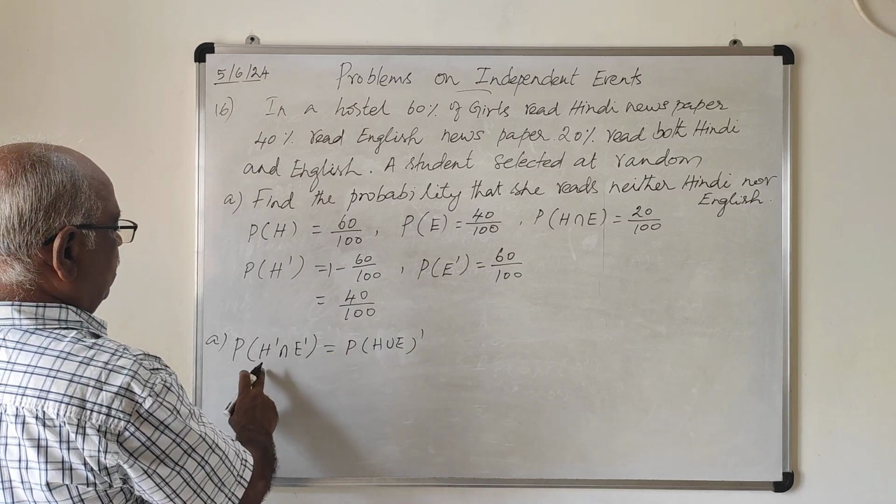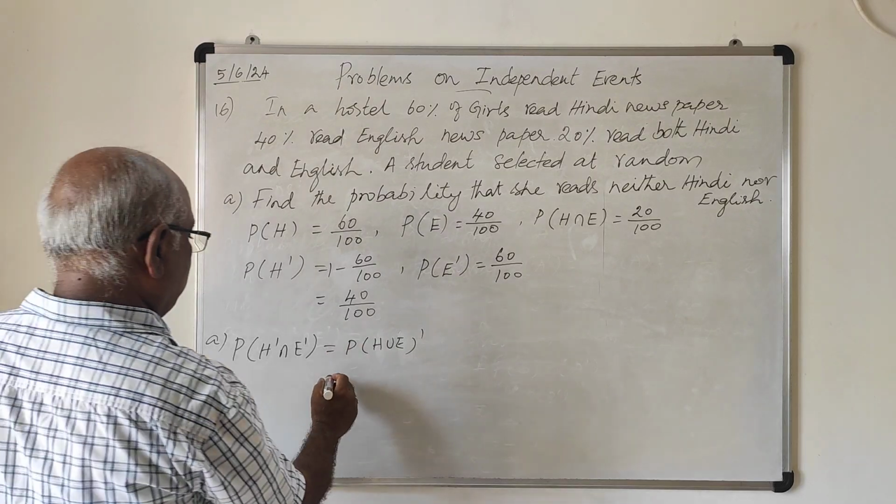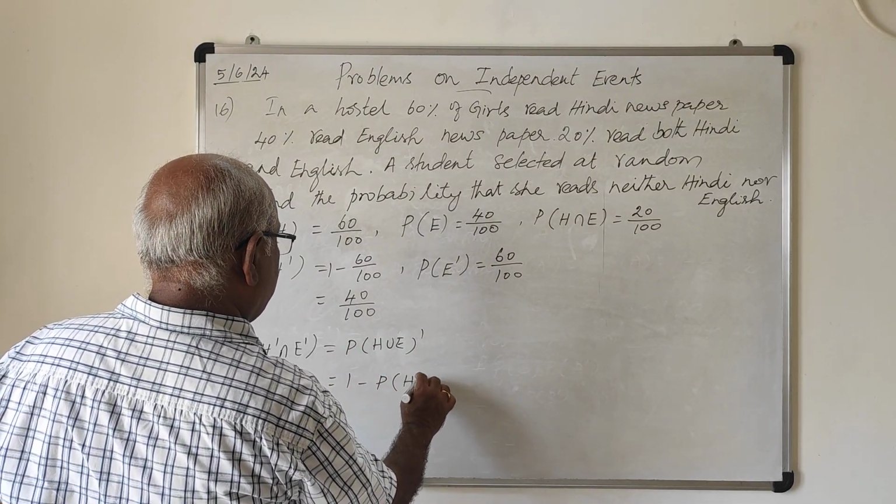By De Morgan's law, P of H dash intersection E dash is equal to P of H union E the whole dash, which is equal to 1 minus P of H union E.